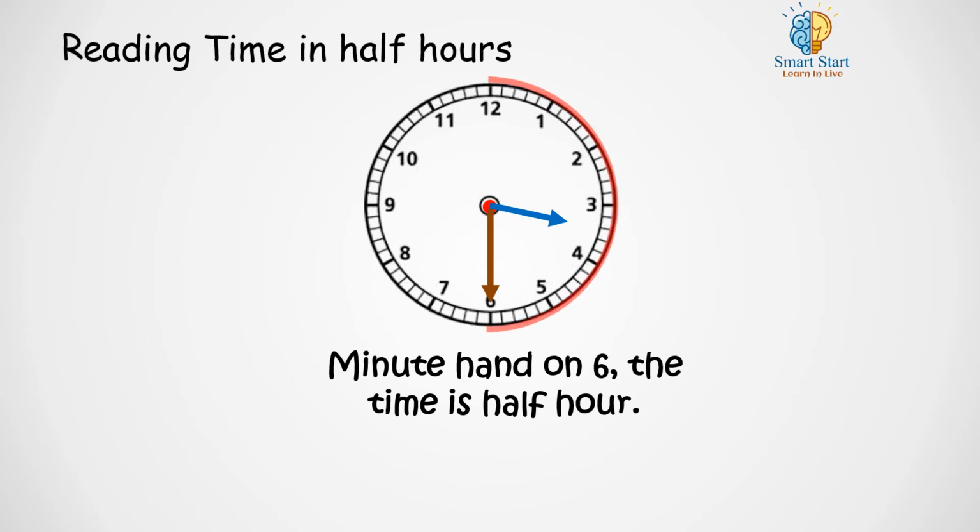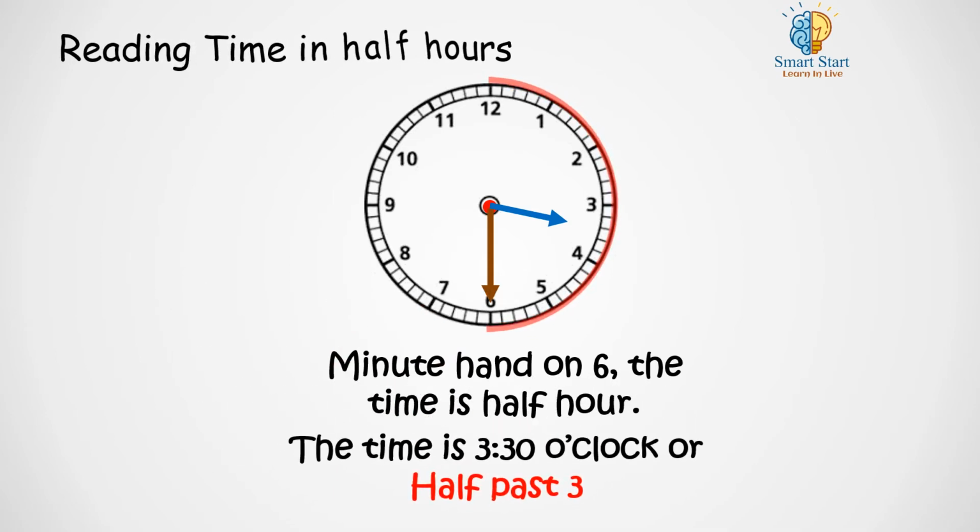That is, half an hour completed after 3. It is 3:30 o'clock. This time is also read as half past 3 or 30 minutes past 3.